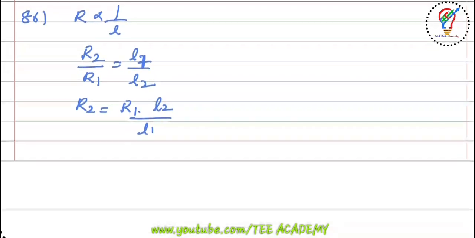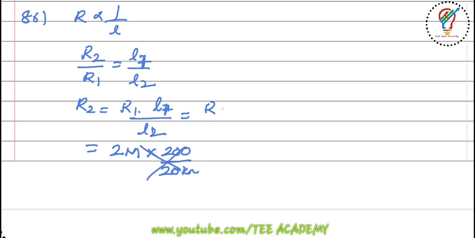Based on this, what is the value of R1? It is 2 mega ohms into L1 over L2. Sorry, I make a correction here: L1 is 20 and L2 is 200.